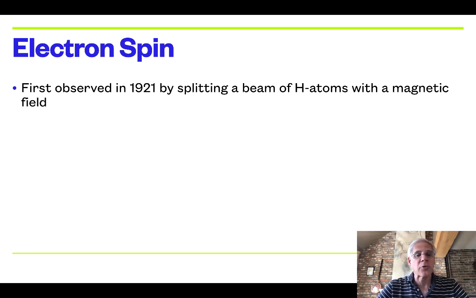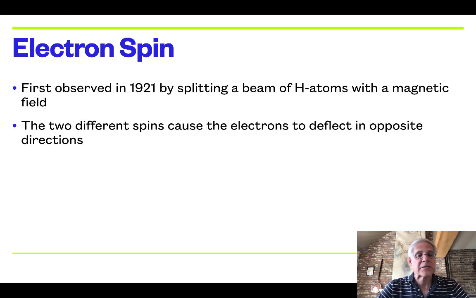Now when we look at electrons, one of the things we first saw back in 1921 was that electrons can be split with a magnetic field. And this is one of the things that led to this idea of the electron spin quantum number m sub s.